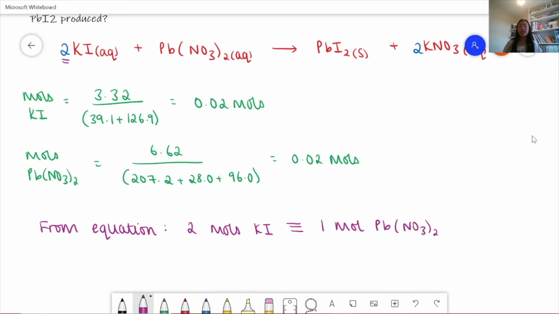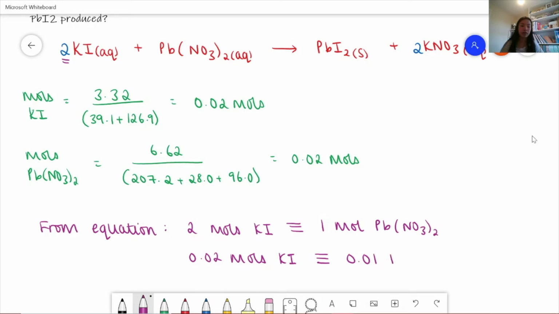So looking at our first scenario, if we have 0.02 moles of potassium iodide, then this would react with 0.01 moles of lead nitrate, because it would react with half the number of moles of this potassium iodide because it's a 2-to-1 ratio.